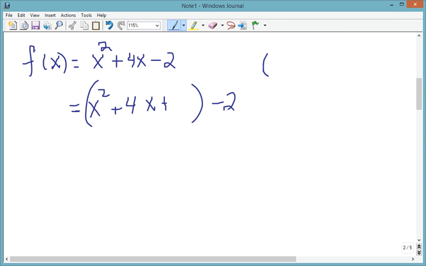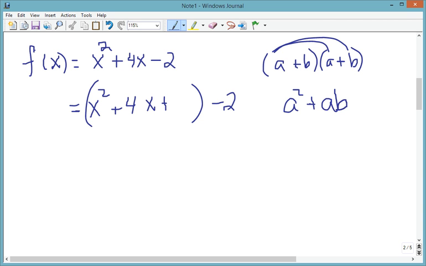In other words, if we have a plus b squared, that would be a plus b times a plus b. So here I would have my a squared, right? And then I would have ab, so that's the first one and the last one multiplied together. And then I have it again, right? So that's why I have 2 of them. And then finally I have the last one squared.